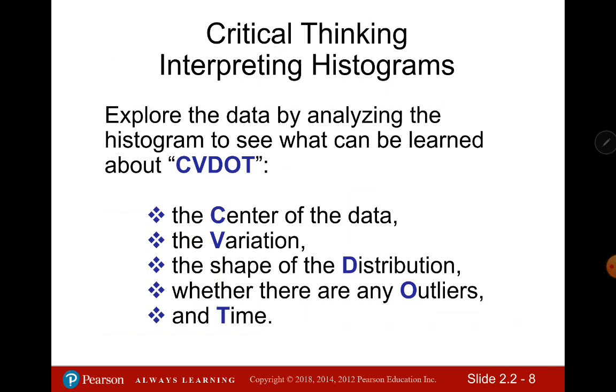Of course, when we try to interpret a histogram, we will focus on several parts: the center of the data, the variation, and the shape. And if there are outliers, sometimes we can also see the change by time. So it's just general information we can learn from the histogram.